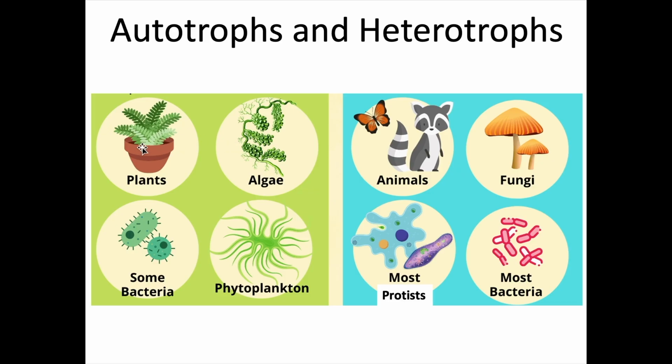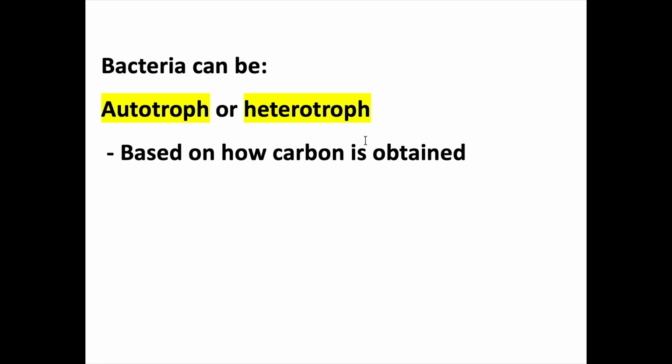Autotrophs are things like plants that get their carbon from CO2, from inorganic sources. And heterotrophs are things like animals that get their carbon by eating stuff. And yeah, there are some bacteria that are autotrophs, some bacteria that are heterotrophs. They could be either of these, and they're both defined in the key terms. Importantly, these two distinctions are based on where carbon comes from.